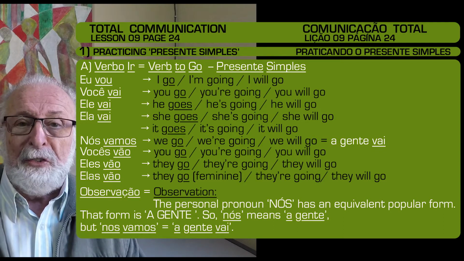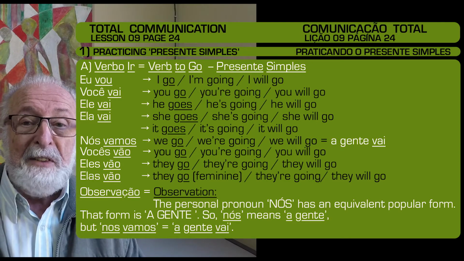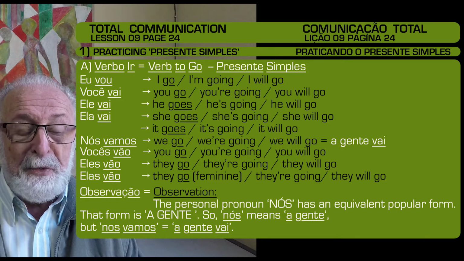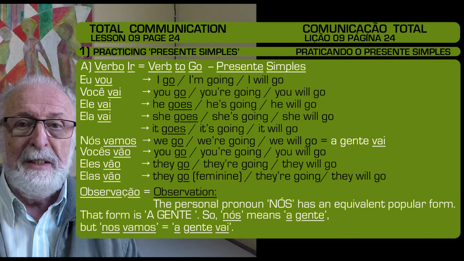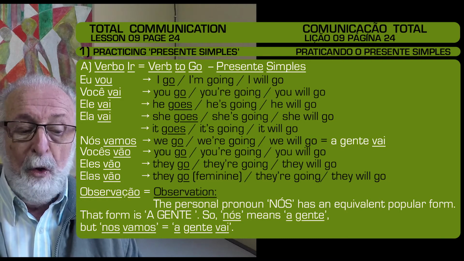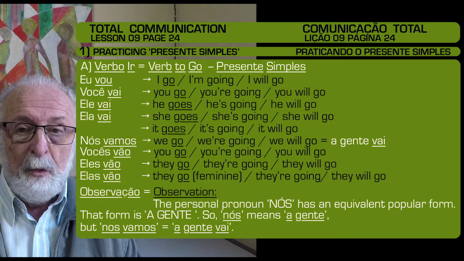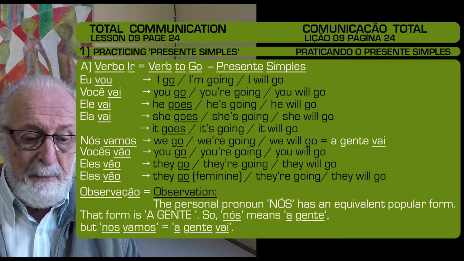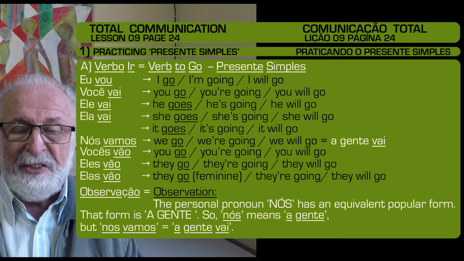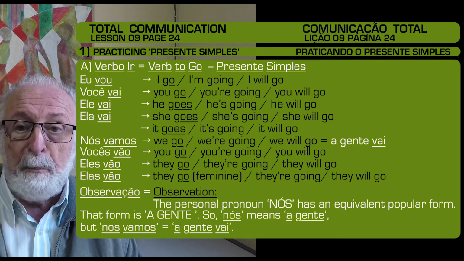I put an observation here at the end of this page. Observação is the same as observation. This word is also from Latin. Okay? Observação. Then I put there that the personal pronoun nós, we, has an equivalent popular form.